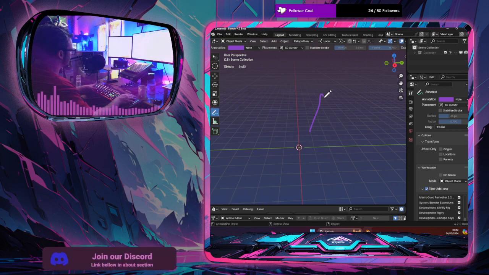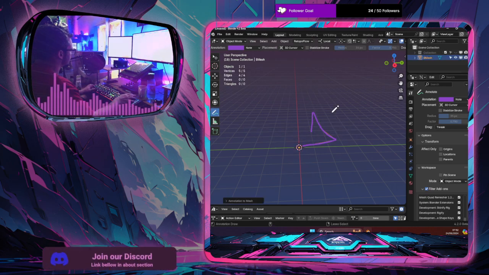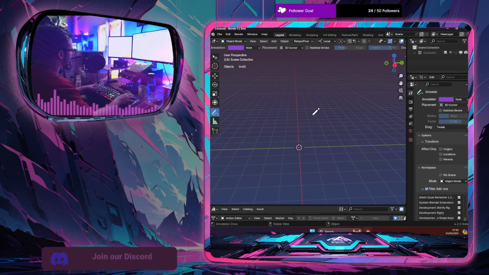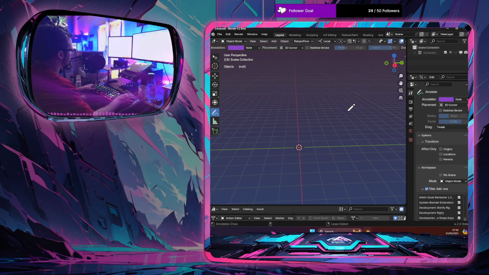Arrow. Triangle. Square. Square. Triangle. Line. Point.